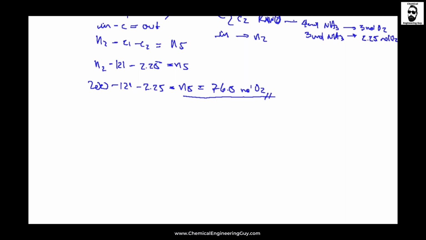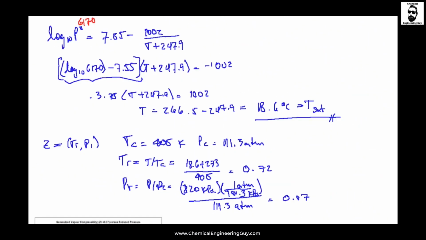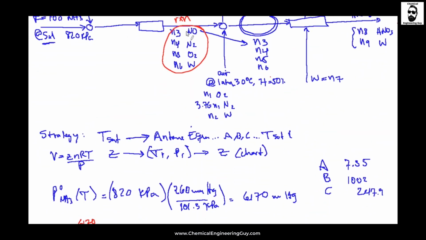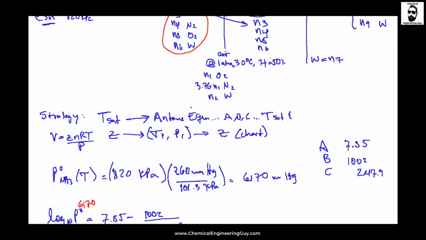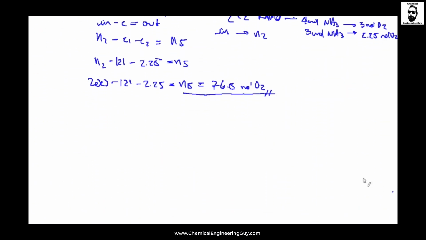Good. So we're going good, guys. Let me just find out how we are doing. We got N3, yes, N4, yes, N5, yes, N6, I think we don't have it. So let's do the mass balance of water. Mass balance on water in the converter. So classic: inlet, outlet, plus production minus consumption equals accumulation.